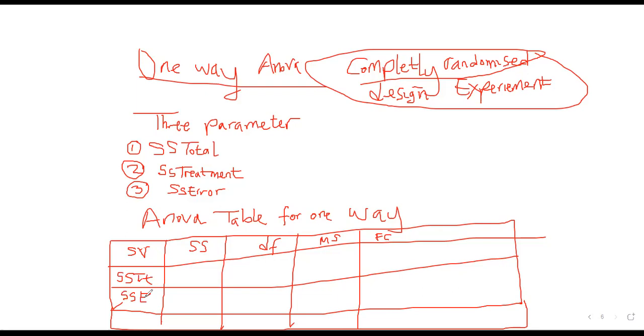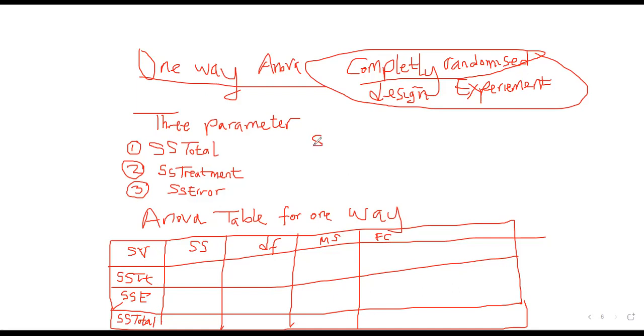Then we have the sum of square of total. So this is what we need to know as we look at the ANOVA, on one-way ANOVA. There are no blocks for one-way ANOVA.